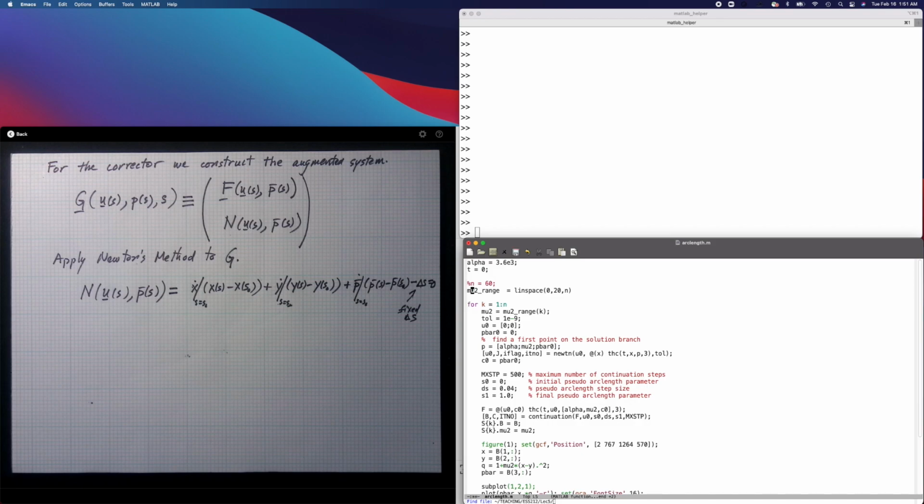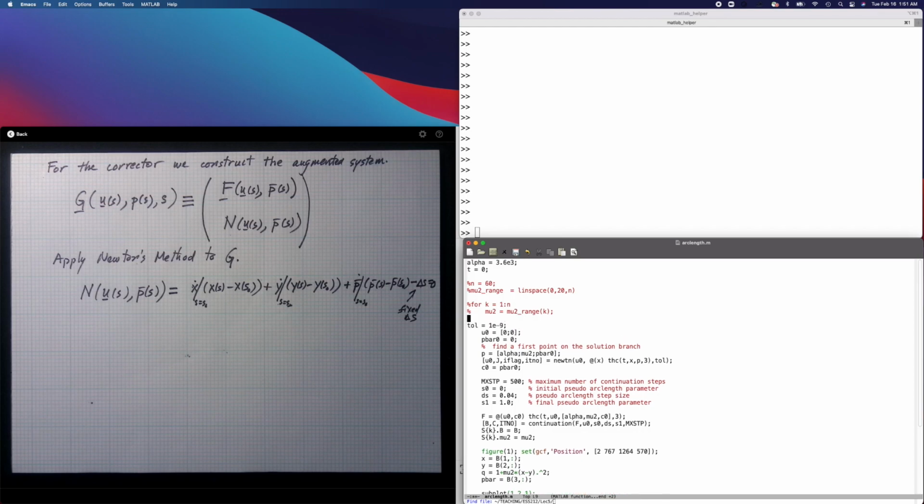Let me comment this out, and set mu2 to be, I think we had 7.5. Okay, so I set the parameter mu2 to 7.5.